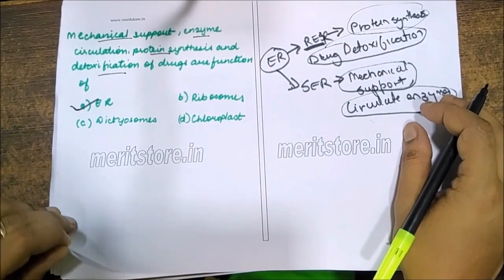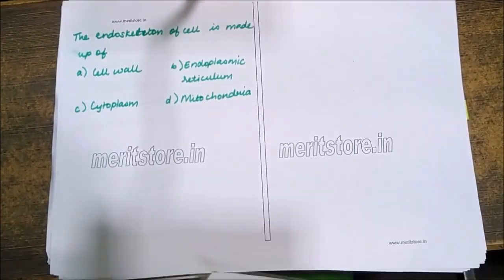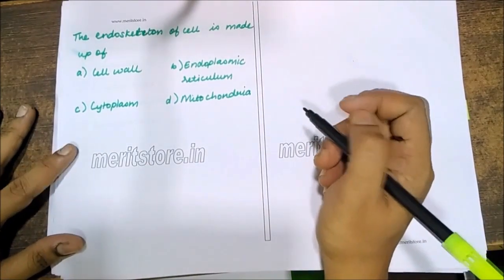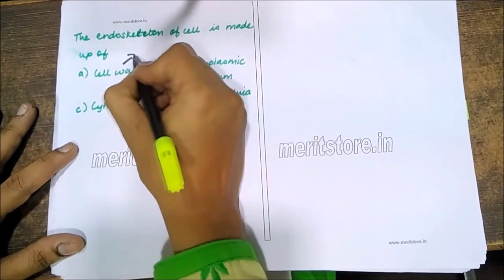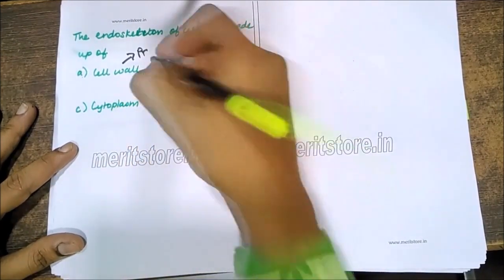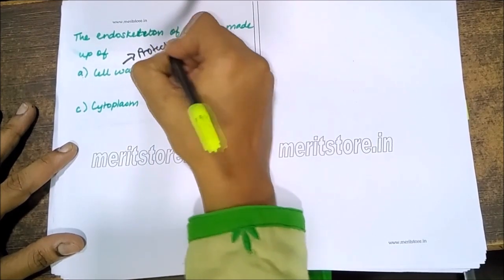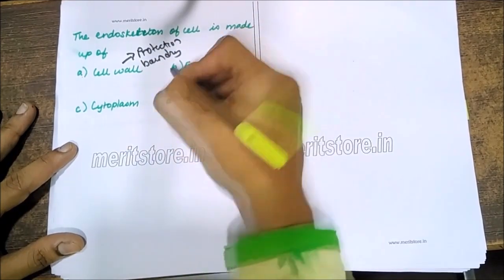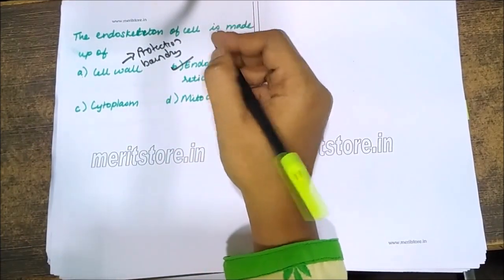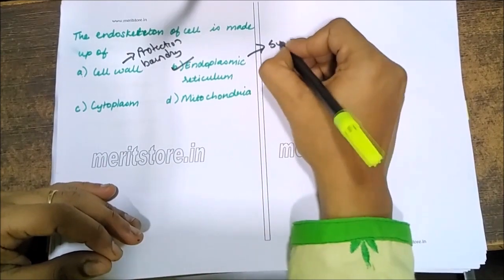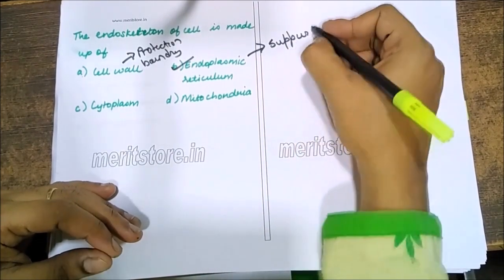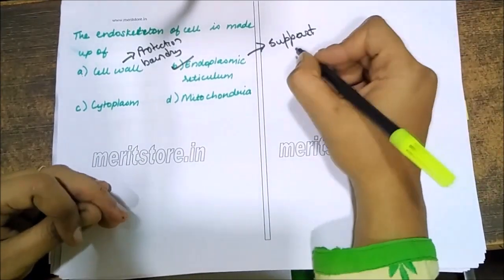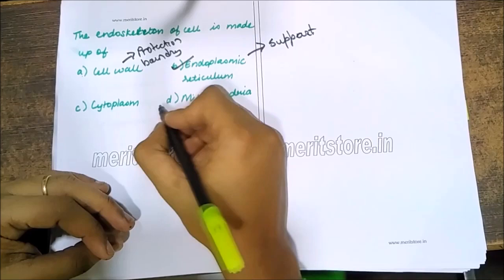Next. The endoskeleton of the cell is made up of. See, cell wall is basically for protection. It gives the cell boundary, right? So this is giving protection and this serves as a boundary. Endoplasmic reticulum is mainly for support, for carrying out drug detoxification, circulating enzymes.